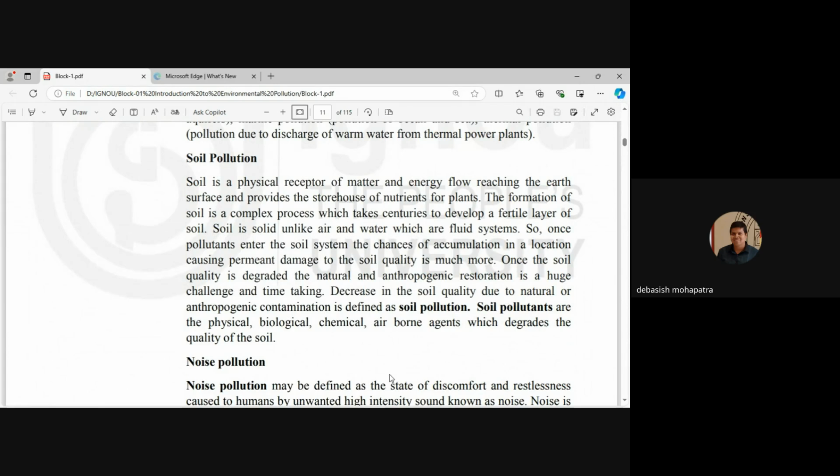We know that the top part of the lithosphere, which we call soil, is very important for us because it supports plants, which are the provider of food directly or indirectly for us.